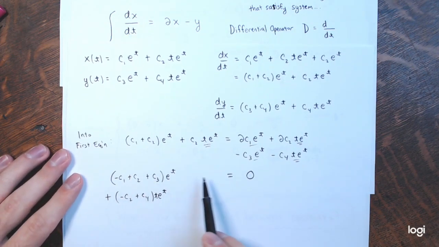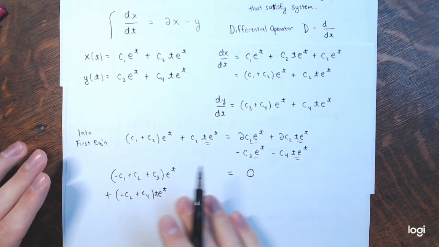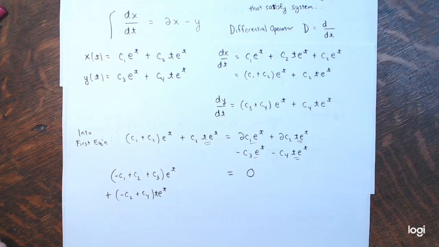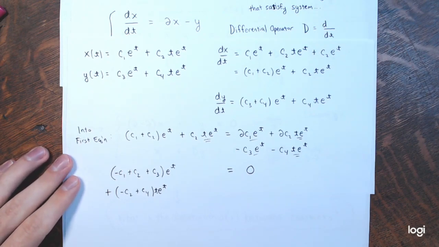And when I take everything to one side, 0 on the other, the only way this is going to be equal to 0 for any t is if the coefficients are 0.